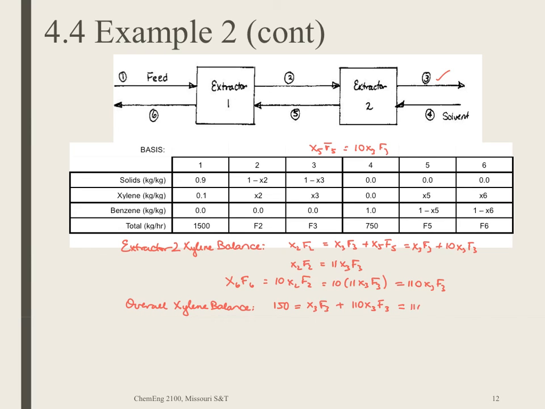So 111 x3 f3, which tells me that x3 f3 is going to be 150 over 111, 1.35 kilograms per hour.